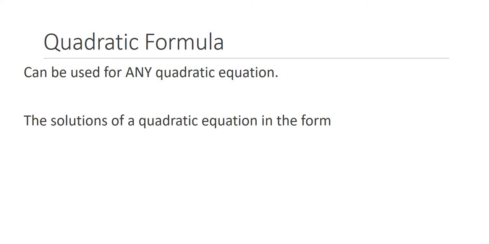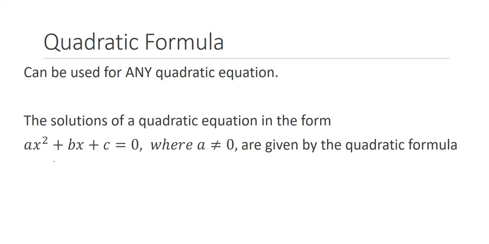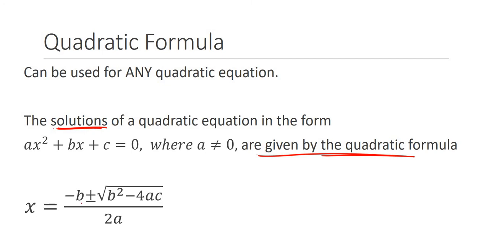The solutions of a quadratic equation in the form ax squared plus bx plus c equals 0, where a does not equal 0, that's our definition of a quadratic, are given by the formula x equals negative b plus or minus the square root of b squared minus 4ac all over 2a.